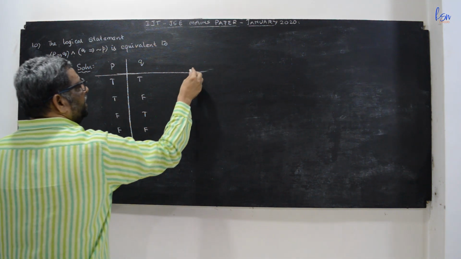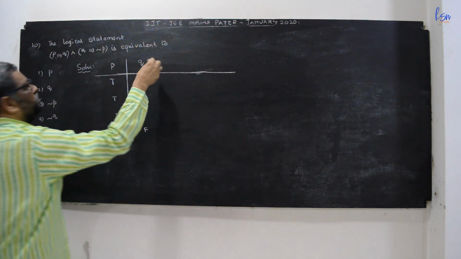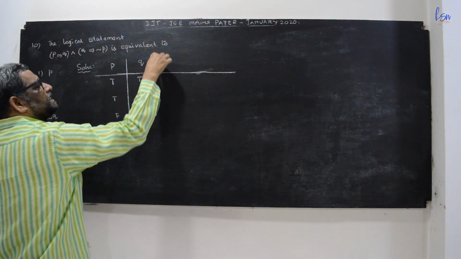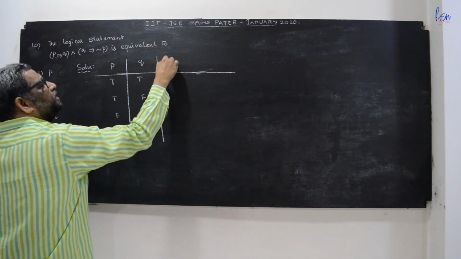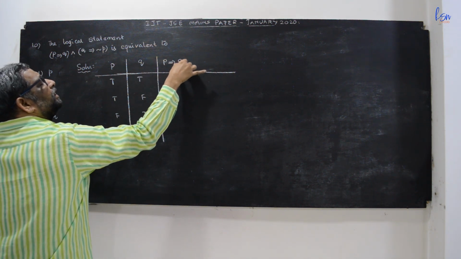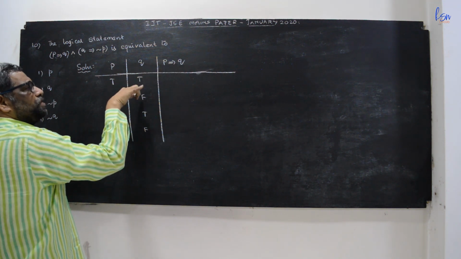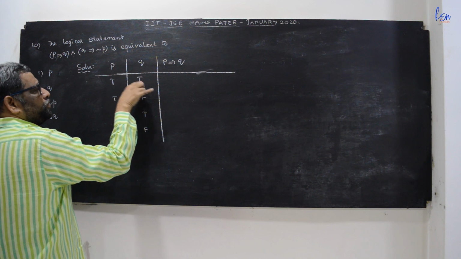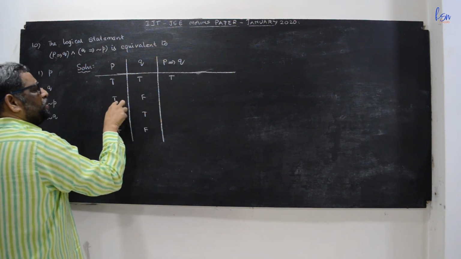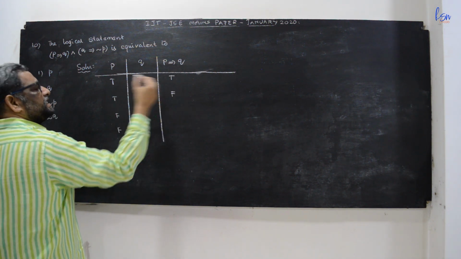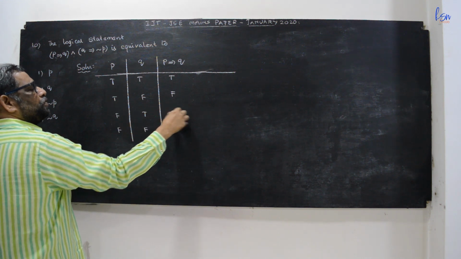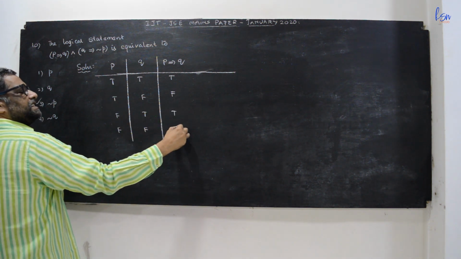Now we'll take P implies Q. True implies true. So P implies Q means true never implies false. So true implies true is true. True implies false is false. False implies true is true. False implies false is true.